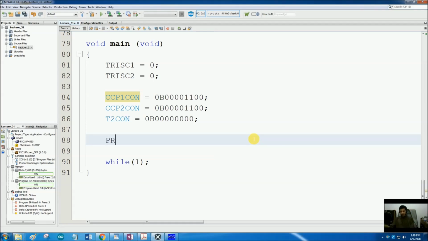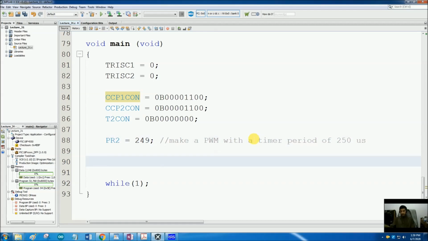So let's set the time period. PR2 is equal to 249 as discussed, and what it will do is make a PWM with a time period of 250 microseconds. Now we want a 75 microsecond duty cycle for one PWM and 175 microsecond duty cycle for the other.